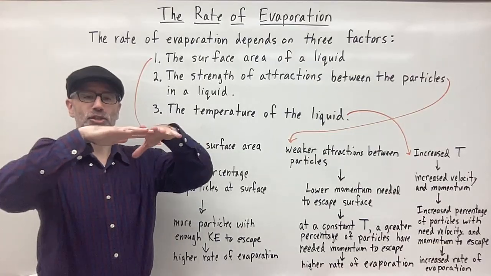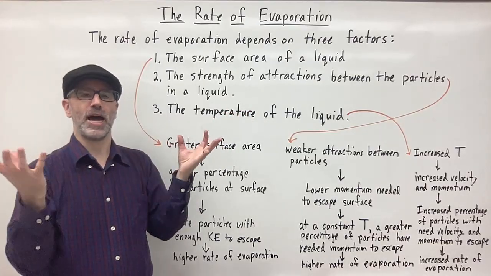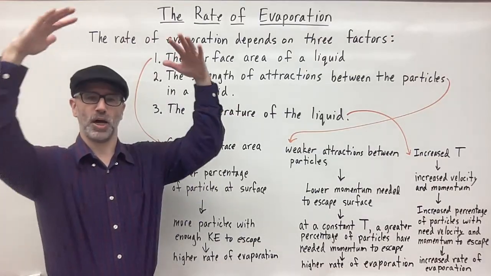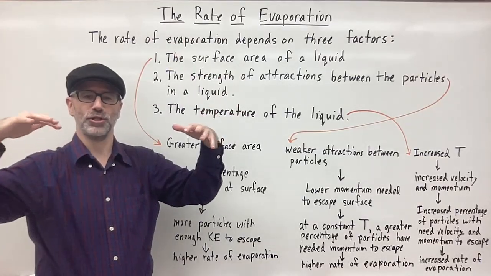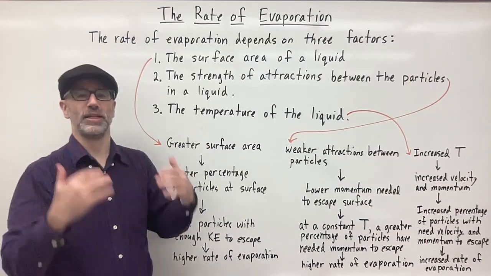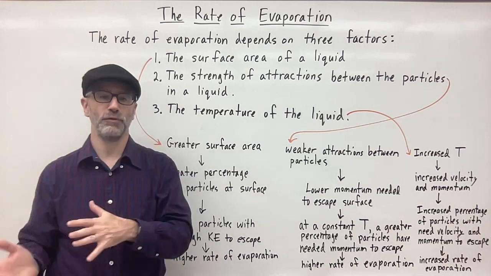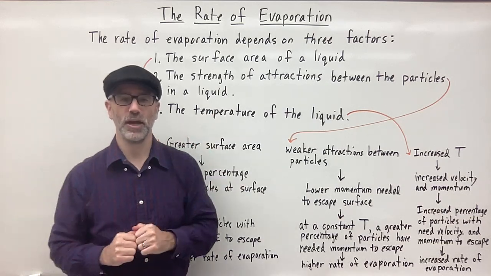So you need to be at the surface, where you only have particles beneath or on the side attracting, and above you don't have any attractive forces. That was one of the criteria in order to go from the liquid phase to the vapor phase.